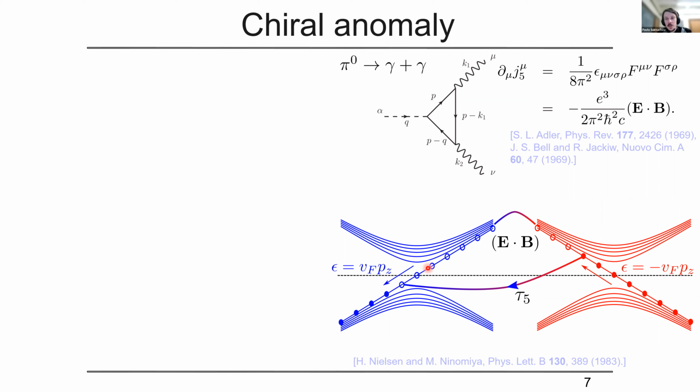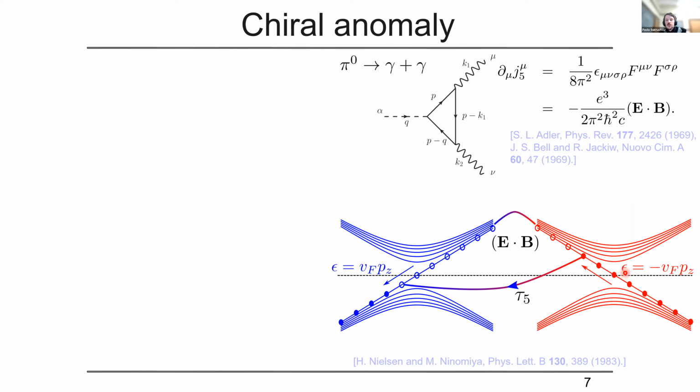Now let's apply a magnetic field. Sorry, electric field. What will the electric field do? It changes the momentum of our electron quasiparticles. But the change of momentum, due to this linear dispersion relation, is directly linked to the change of energy. Therefore, by applying an electric field, we will change the population of this lowest Landau level. We will increase its population here and decrease it here. And if we just take a look at a single Weyl node, we will see that something anomalous happens.